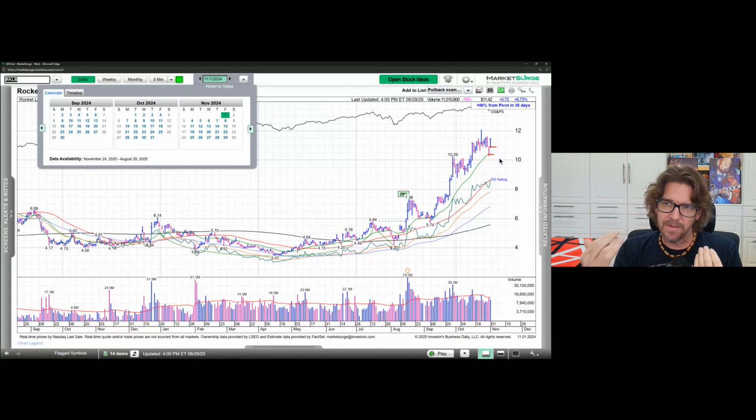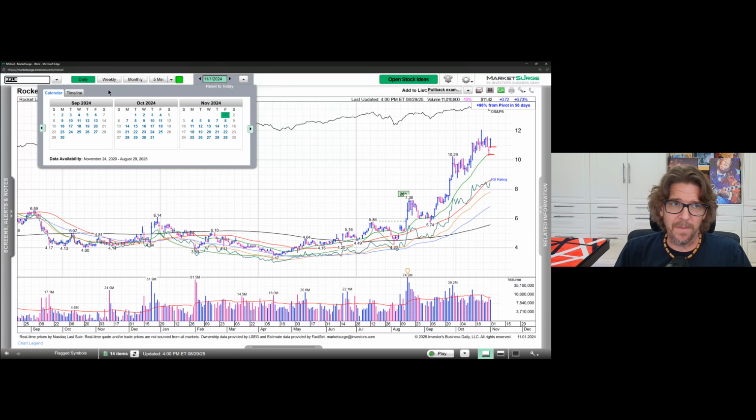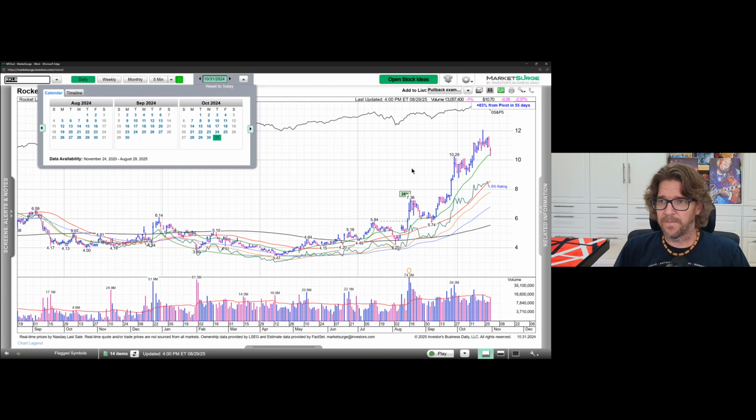But the way I look at this is, now that it's recovered off of here, my expectation is for it to move higher. Whereas if I would have been buying it on this day, your expectation is it might go higher. Does it have to go higher? No, it could go here. That would be fine. It could go here. That would be fine.